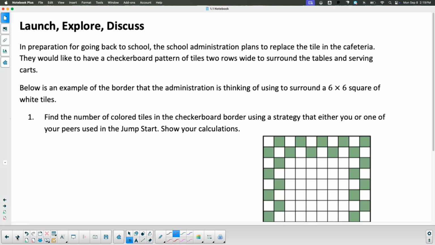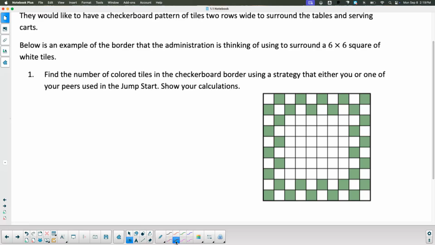So using one of those three methods, not just counting them, figure out how many colored squares the construction company needs in a 6 by 6 pattern in the middle of the checkerboard. So now this is a 6 by 6. Go.